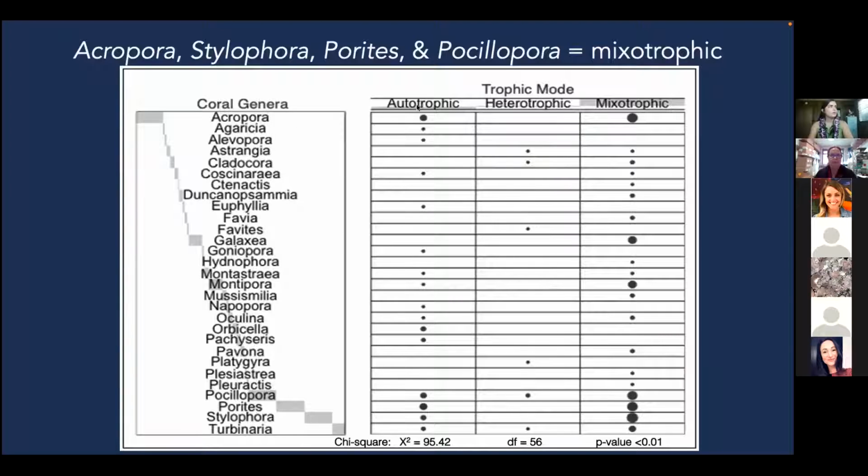If you look at the intersection of the two variables, you're looking at the size of the point or the balloon. And the larger the balloon, that's showing that that's happening more. And I want to really point out to you how Acropora, Stylophora, Porites, and Pocillopora corals were most likely to be mixotrophic. They were able to switch to feeding when needed.